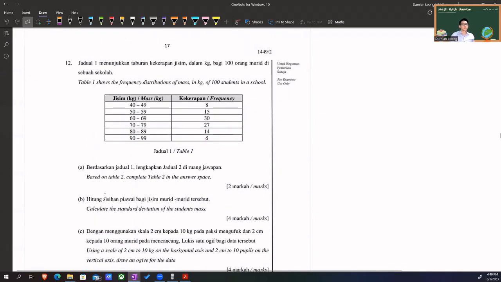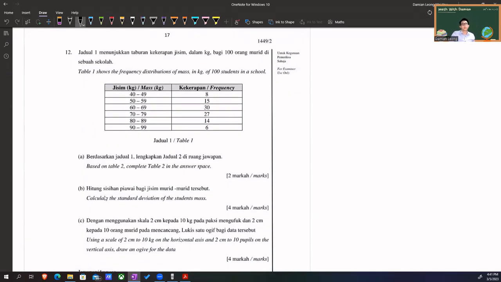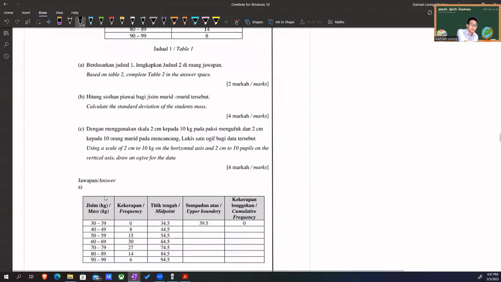Table 1 shows the frequency distribution of mass in kg of 100 students in a school. So based on table 2, complete the table 2 in the answer space.